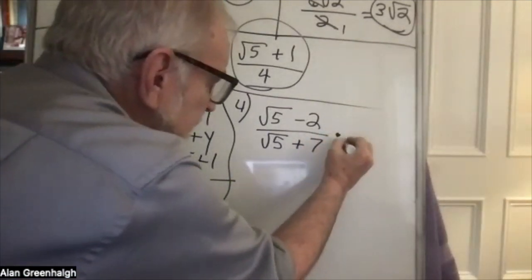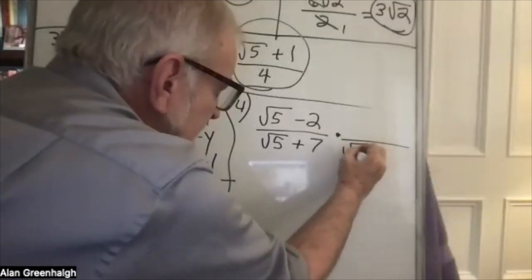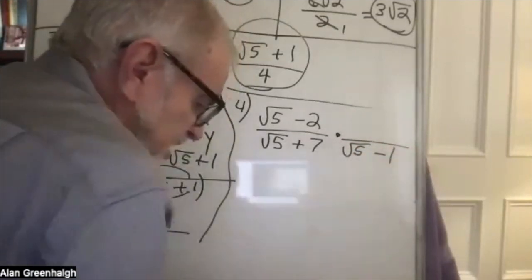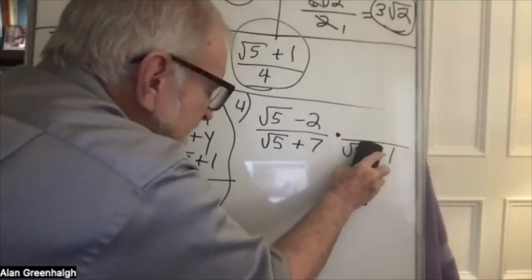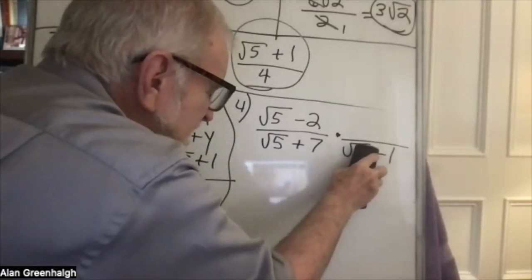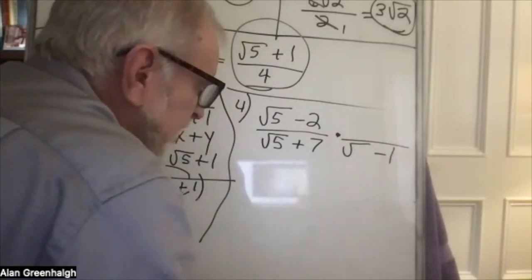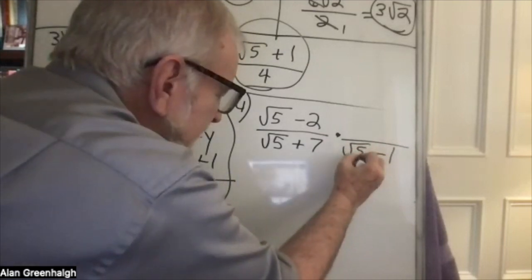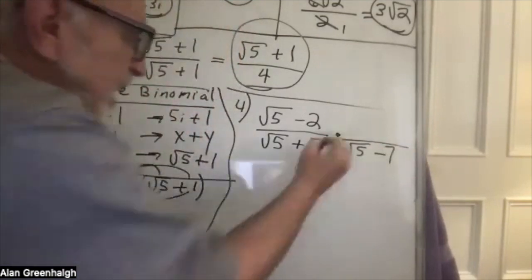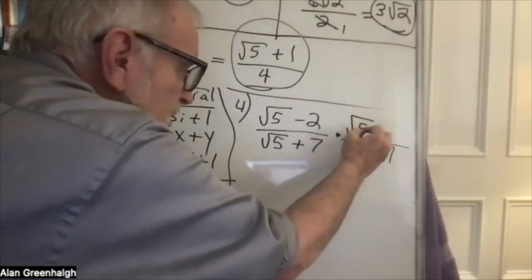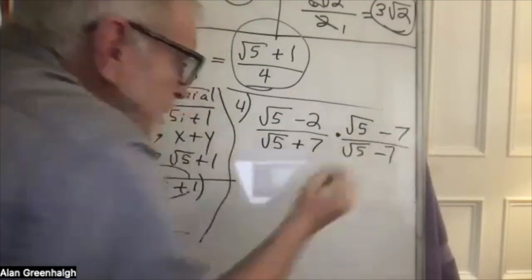So we're going to multiply this by the conjugate, which is this. That doesn't look like a 5, does it? It looks like an S. So let's fix that up a little bit. So that's a 7. And then you've got to multiply the numerator by the same thing.